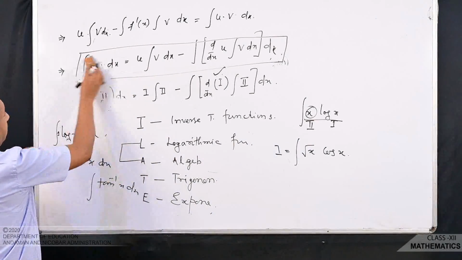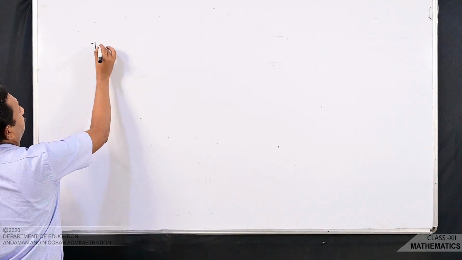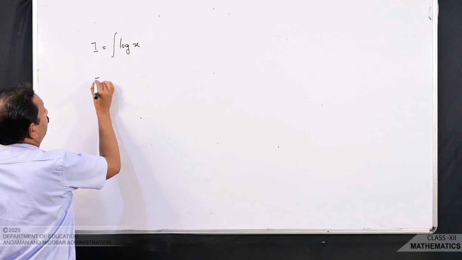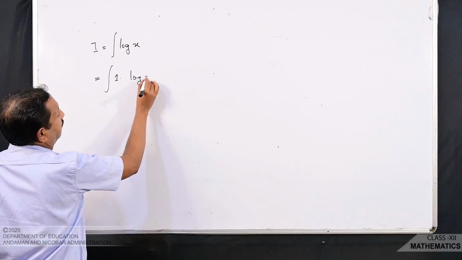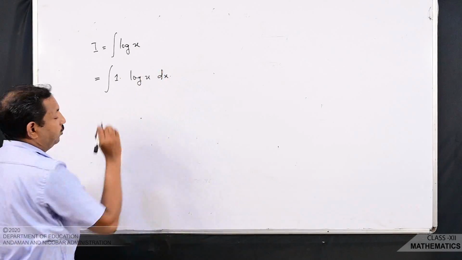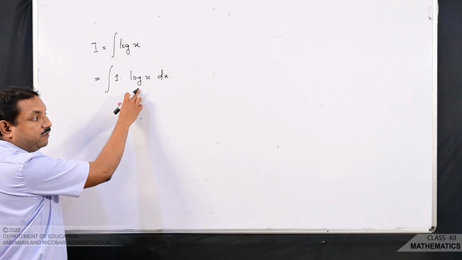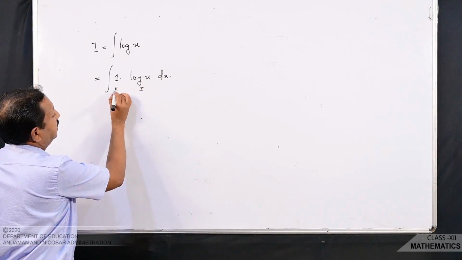Now, first we take the integration of log x. As I told you, you have to take 1 here, and this is log x dx. According to ILATE, your logarithmic function comes first. So, you assume this as first and this as second.